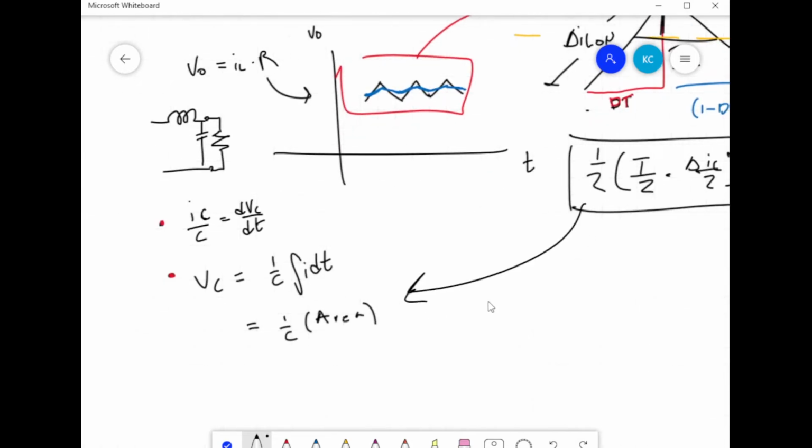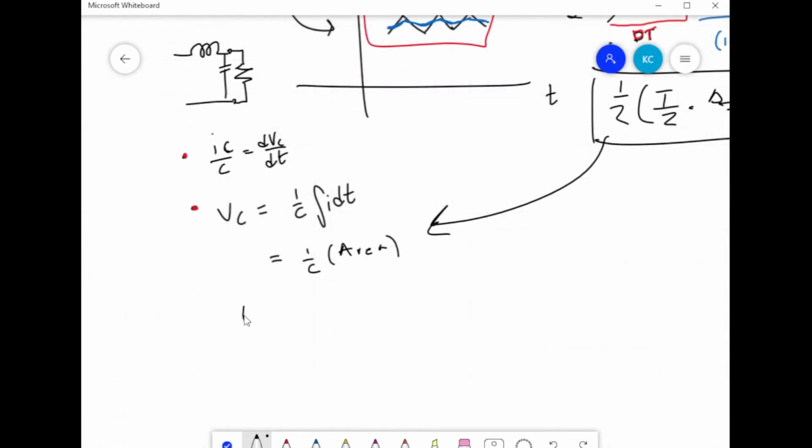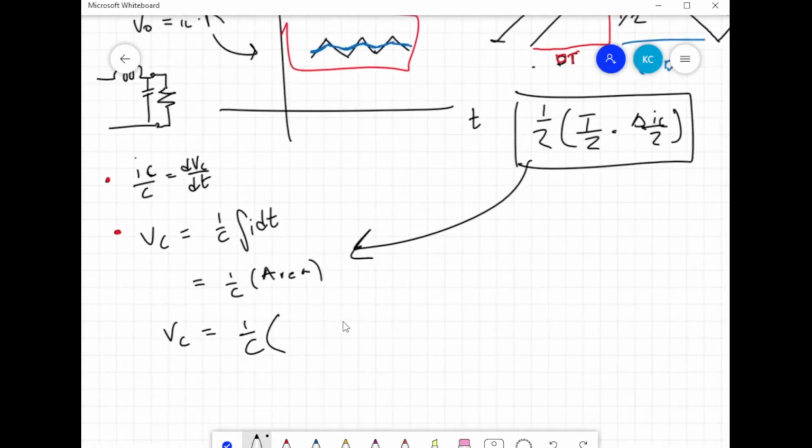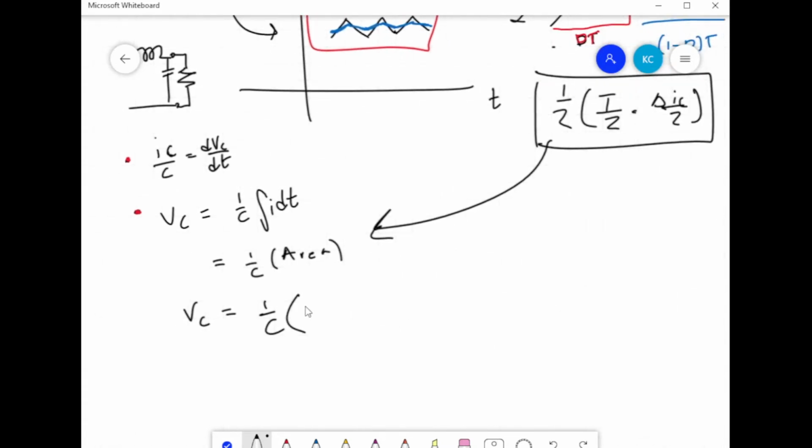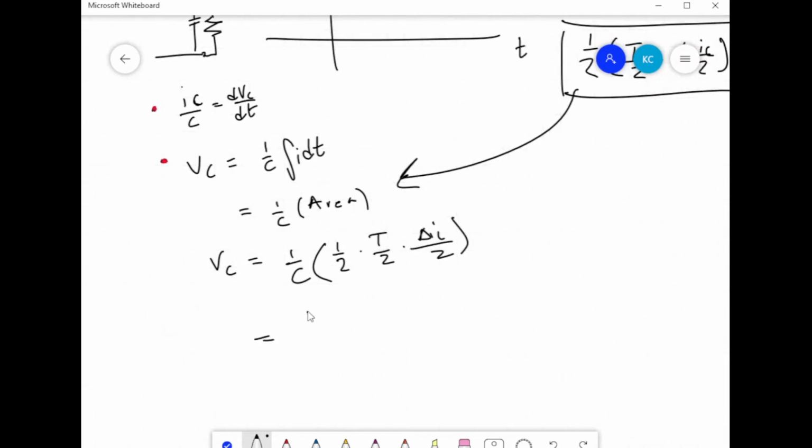We can substitute that in here, so we get that V_C is equal to 1 over C times 1/2 times T/2 times delta I_L/2. Let's simplify this, so 1 over C times 1/8 times T times delta I_L.